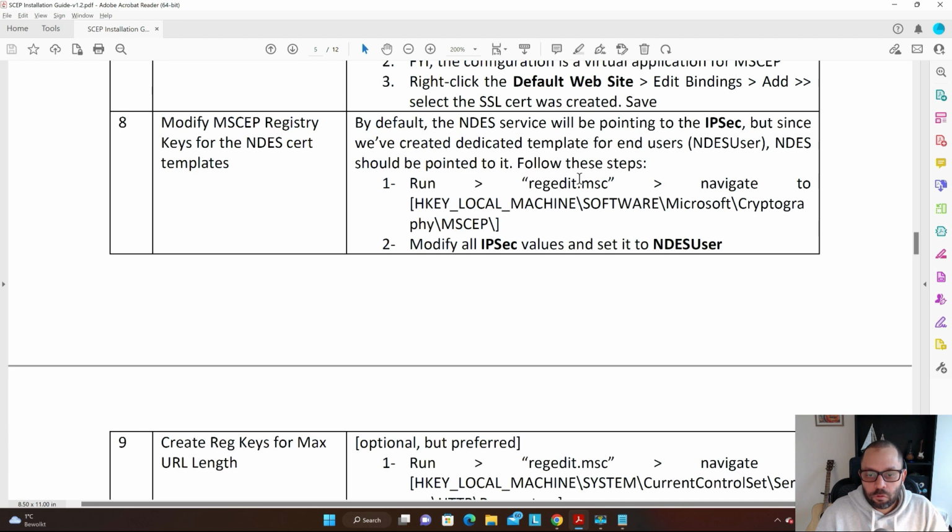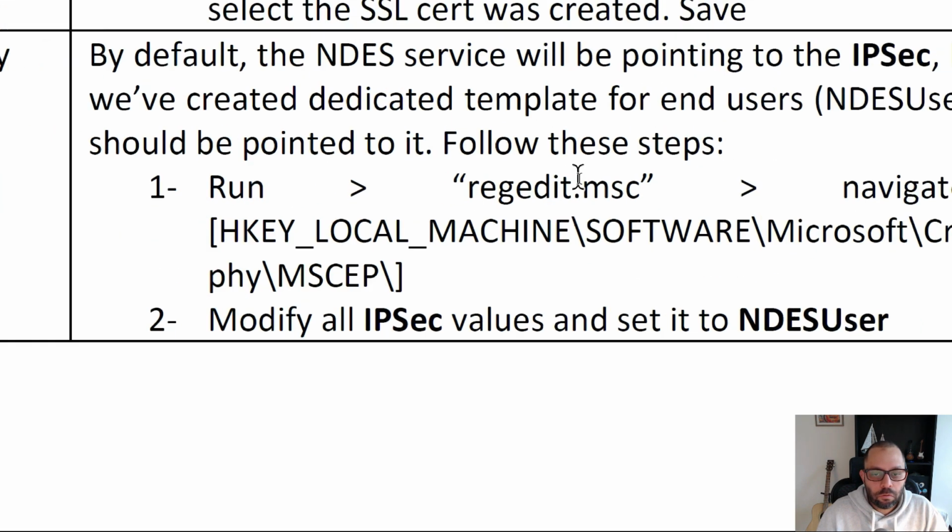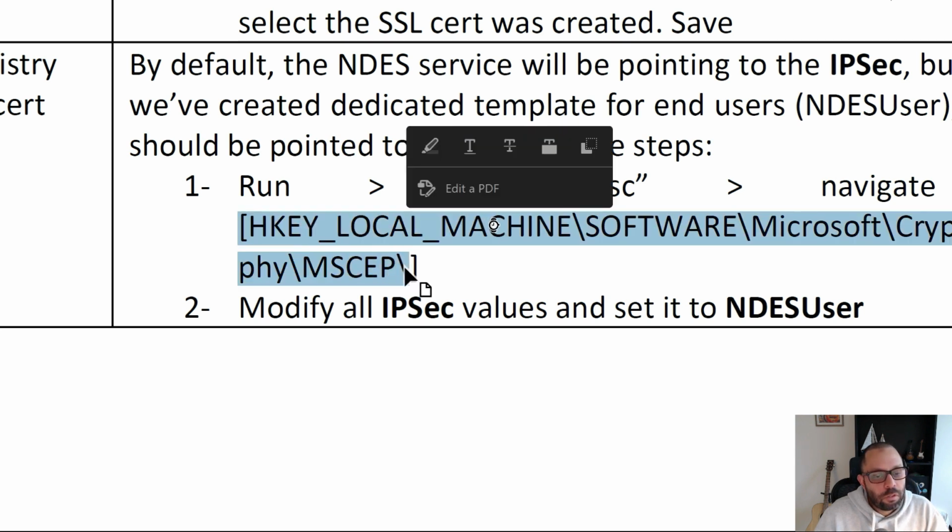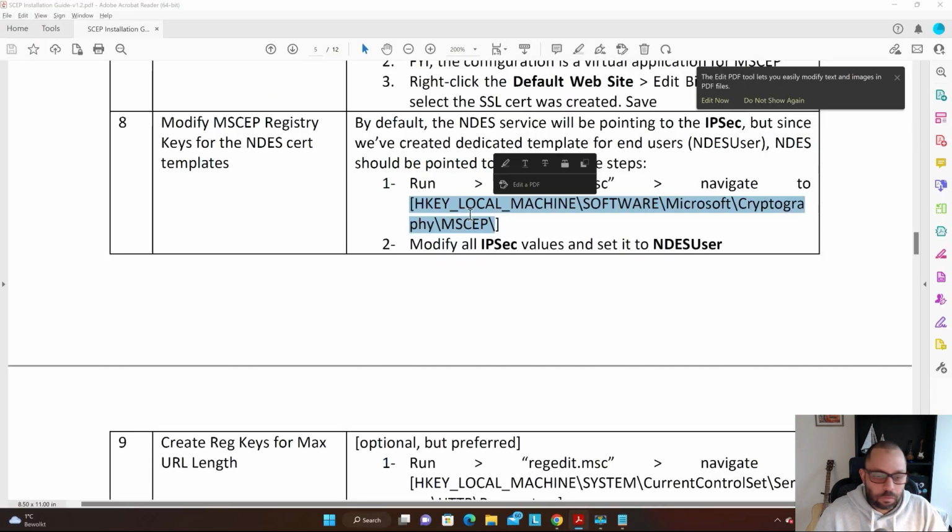I hope that one was also cleaned up. I will see now. Yeah, we need to go to this path. And if you can see the SCEP key is created, it means that the setup is configured properly.